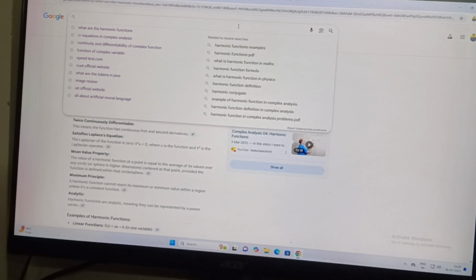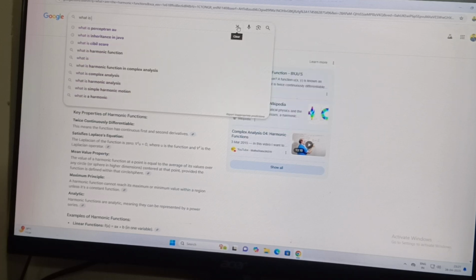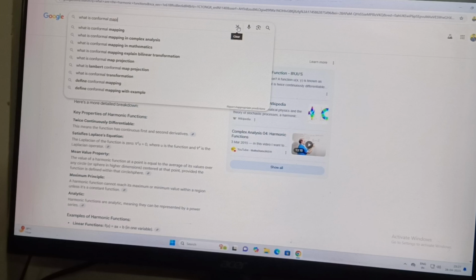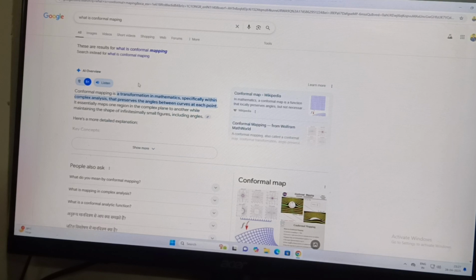So now, what is conformal mapping? Actually, I didn't discuss this topic in my notes.